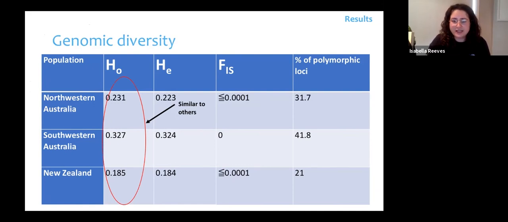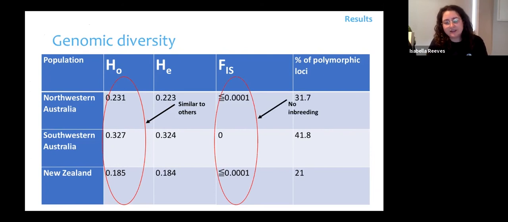In terms of inbreeding, the FIS is just an inbreeding coefficient, and essentially the higher the FIS, the higher the inbreeding. And we can see there's essentially no inbreeding within the population, which is great. Although this is not really that unusual, there's only been a few cases of inbreeding recorded throughout the world in killer whales, including recently in Scotland and also a population in the North Pacific.